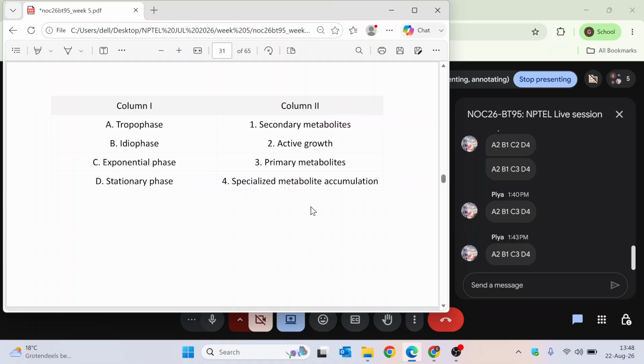Okay, one more question based on growth phases, but this time based on the metabolites.